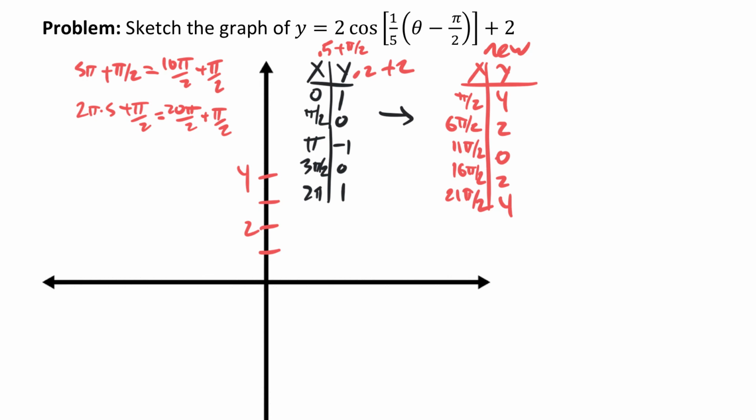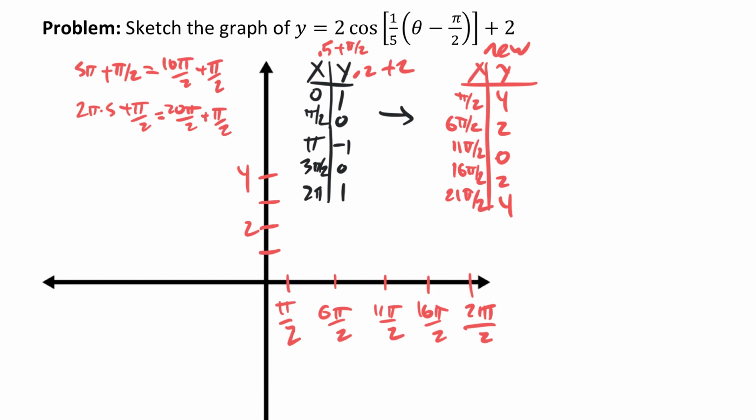So what we might do is just go pi over 2, then 6 pi over 2, then 11 pi over 2, 16 pi over 2, and 21 pi over 2. The nice thing about the sine and cosine graph is the points are always equally spaced. So you can kind of just, again, eyeball it. Put down the points, label them properly, and then we should get full marks even if it's not exactly perfectly spaced like on a computer.